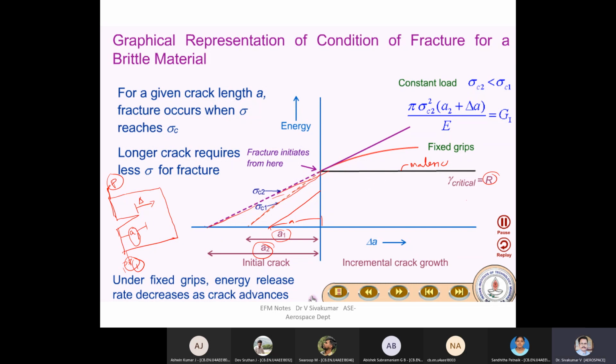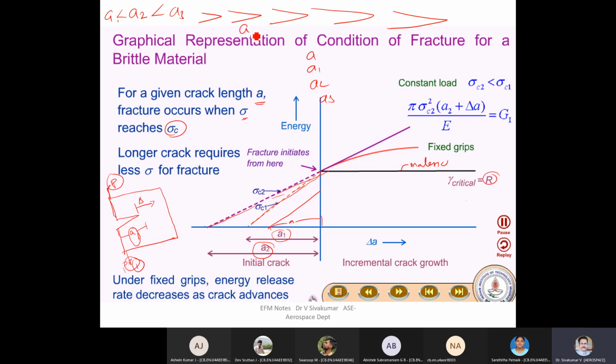Now, the condition is, for a crack length A, fracture occurs when sigma reaches sigma C. I may have different crack lengths, A, A1, A2, A3, A4, like that.